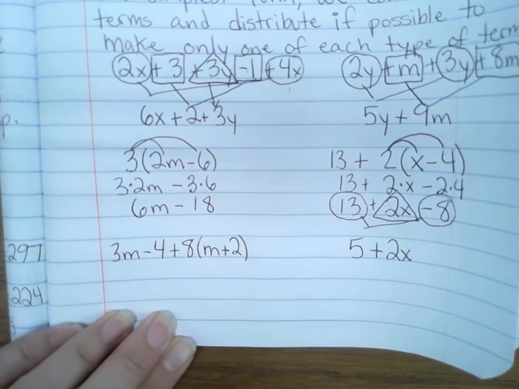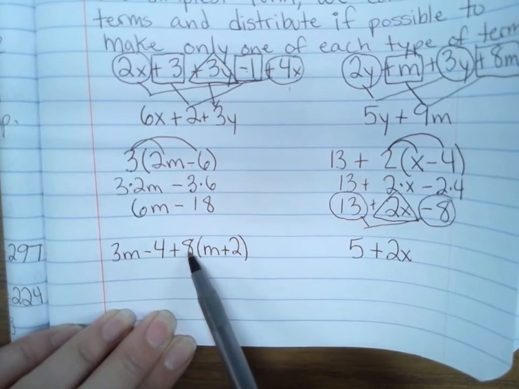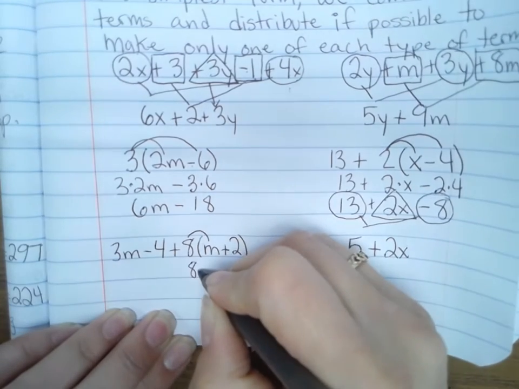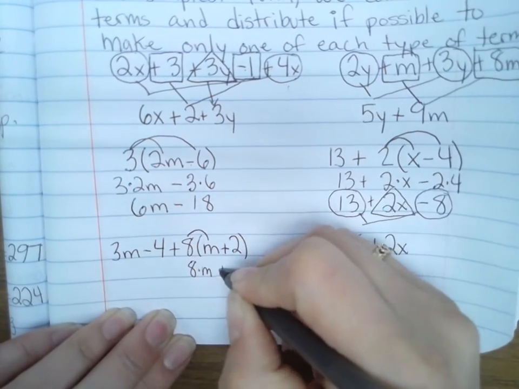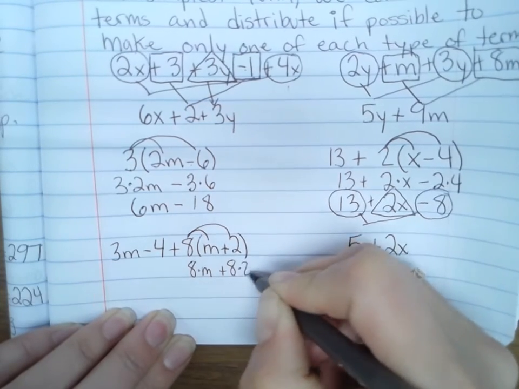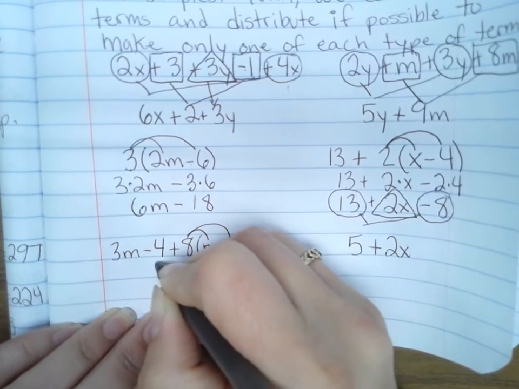Okay, take care of any distribution first because that's your multiplication. So 8 times m plus 8 times 2, distribute. Bring down everything else you haven't changed because it's still part of this expression.